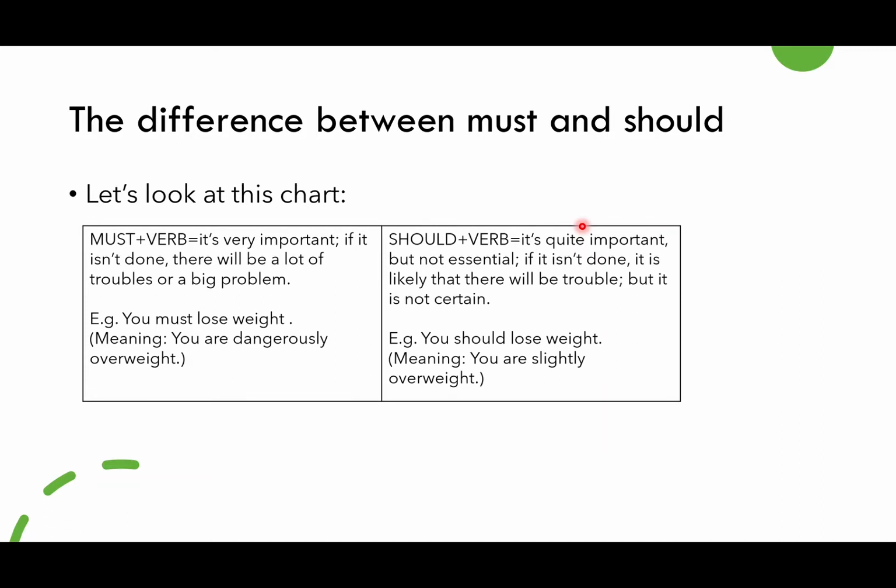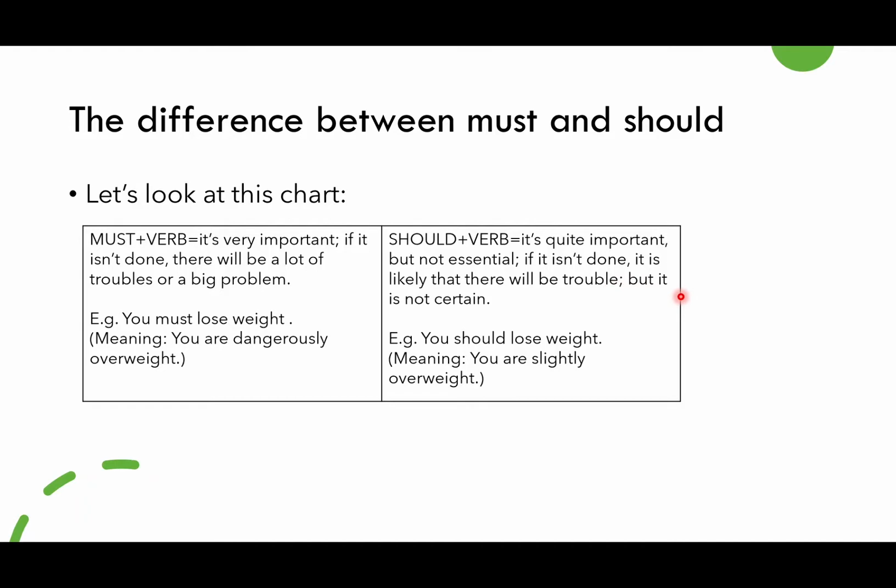If it is not done, there will be a lot of trouble or a big problem. You must lose weight, meaning you'll dangerously lose weight. Should: it's quite important, but it's not essential. That means it's not as strong as must. If it isn't done, it is likely that there will be trouble, but it's not certain.